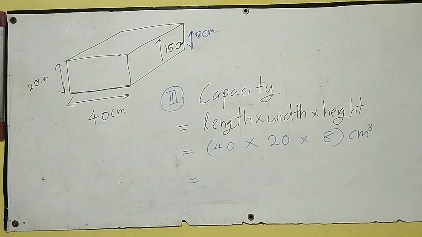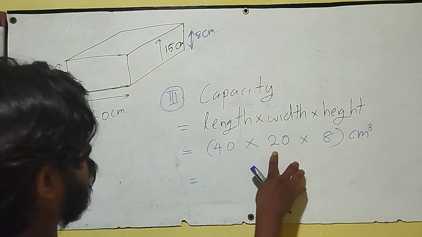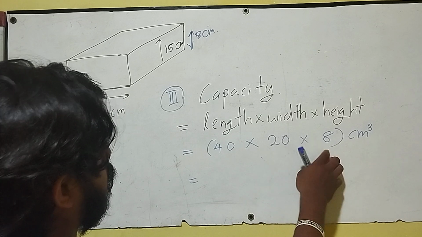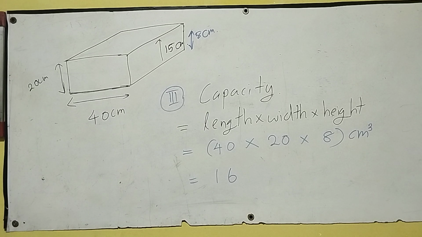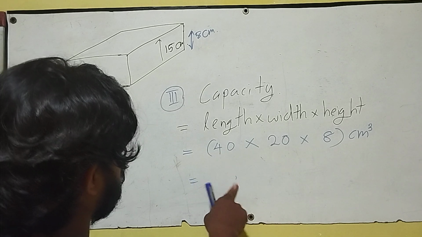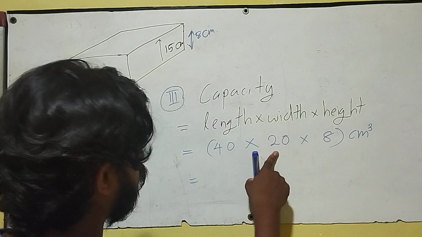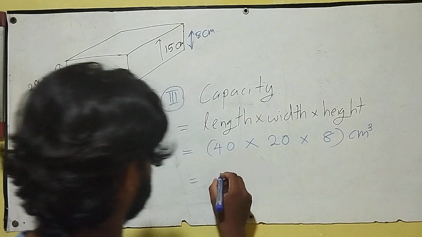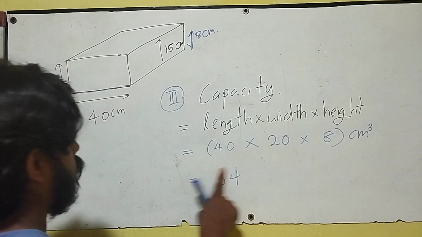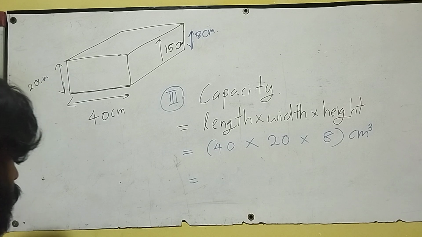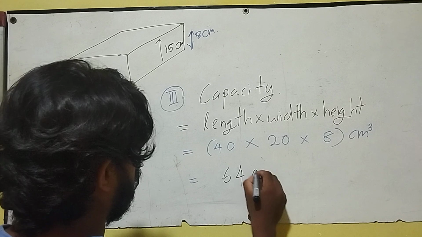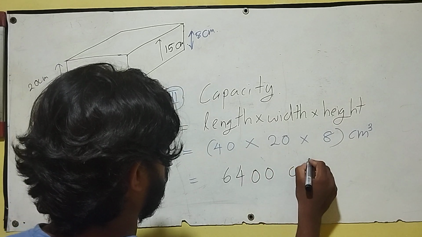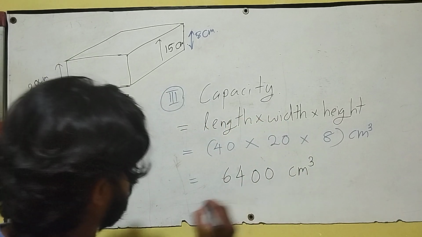Now what is the value? 4 multiplied by 2, 8. 8 multiplied by 8, 64. 64,000 cubic centimeter. As well as this is equal to.